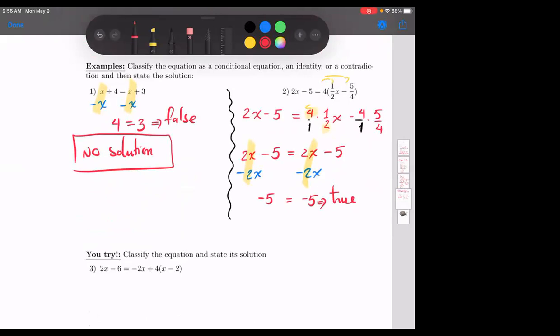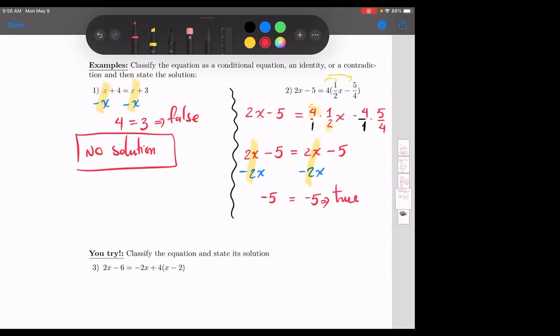So when it's true, what does that mean? Any number that you plug in for x, any number at all, from negative infinity to positive infinity, you randomly pick one, any number will satisfy this equation. So your solution will be all real numbers. If you want to be fancy, you can write in interval notation from negative infinity to positive infinity. All right, give me one. You don't have to give me both.